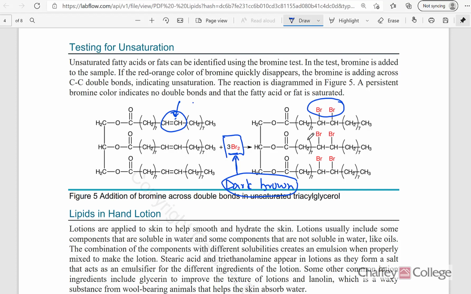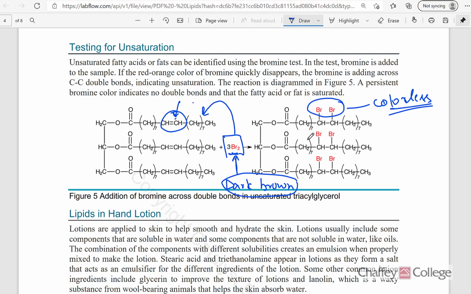So if bromine is added to the fatty acid, and the double bond is present, the bromine will be added and the solution will become colorless. So in other words, addition of dark brown bromine will change to a colorless solution if the double bond is present. So this color change is used as an indication for checking the presence of a double bond.